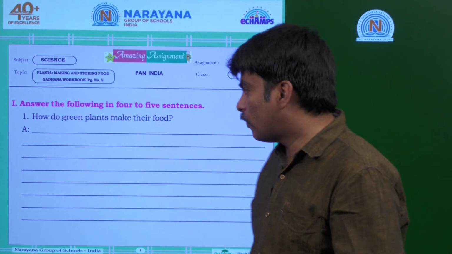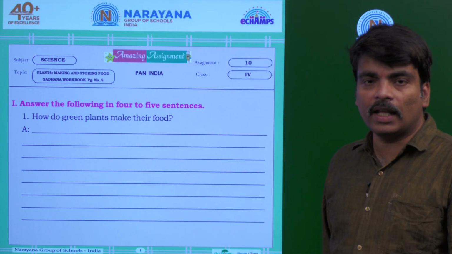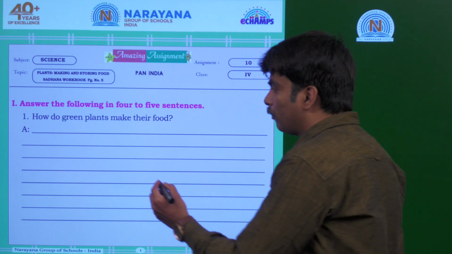Let us see how. Firstly, we start with the leaves. What happens in the leaf?